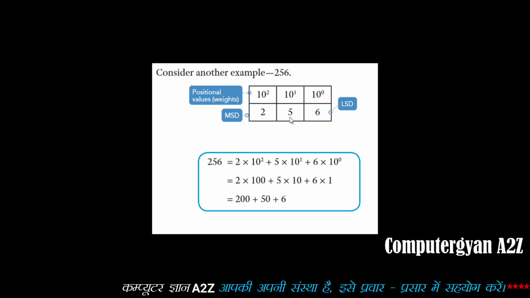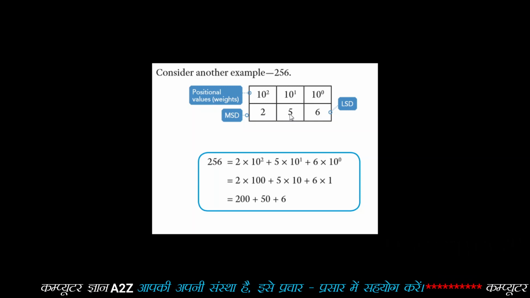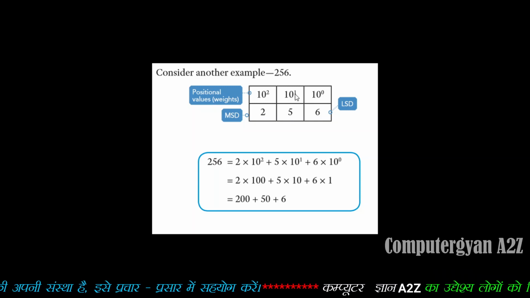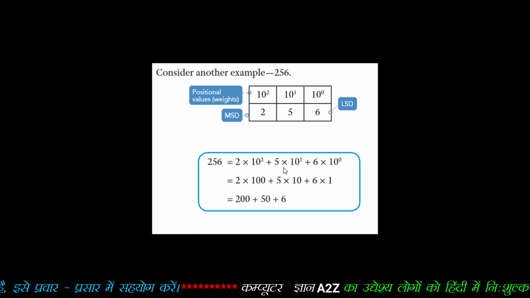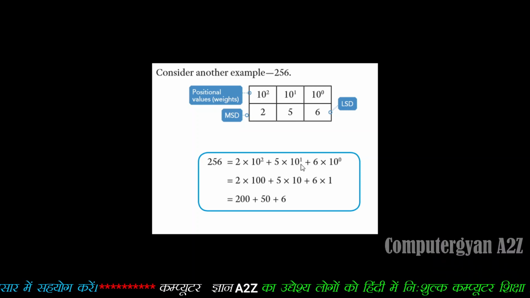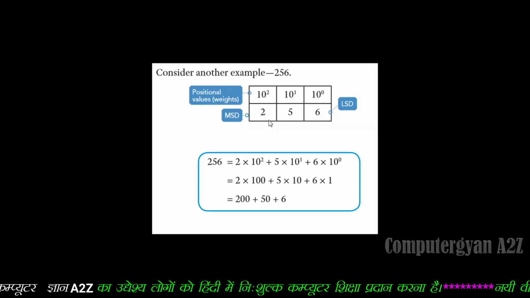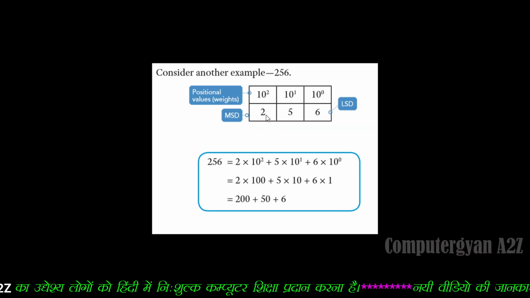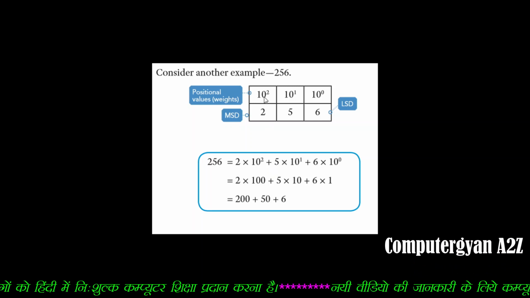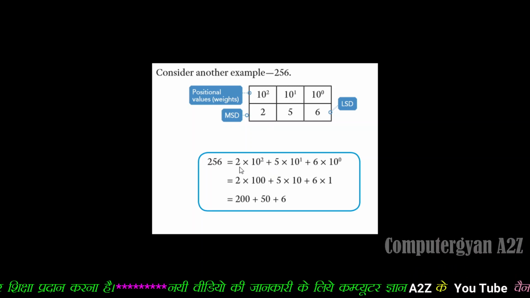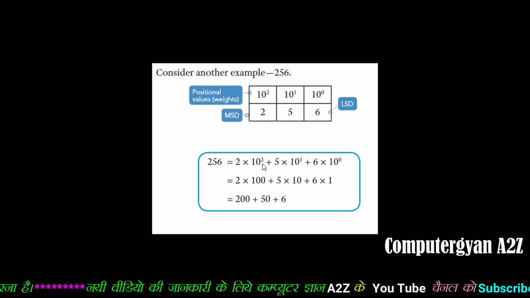After that 5 position is tens, so its positional value is 10's power 1. Then here 5 multiplied by 10's power 1. After that I use plus sign. Then 2 position is hundreds, so its positional value is 10's power 2. Then here 2 multiplied by 10's power 2.